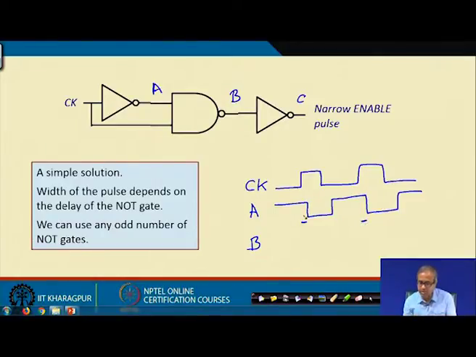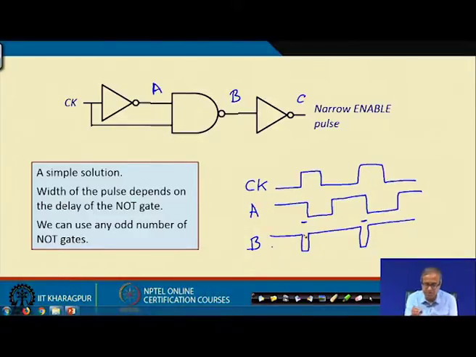Both clock and A are 1 and 1. So, you see, 1 1 output is 0. So, B will be generating a pulse like this.